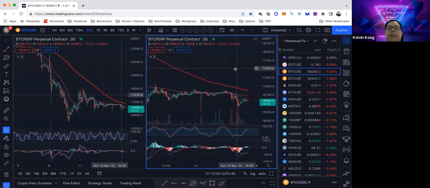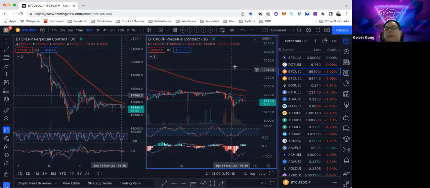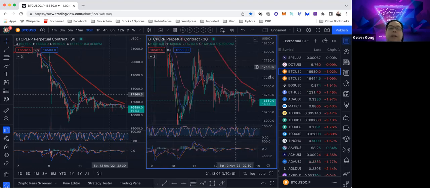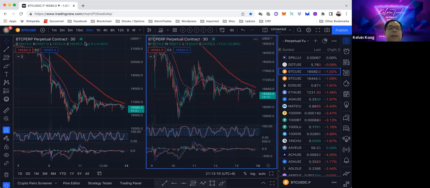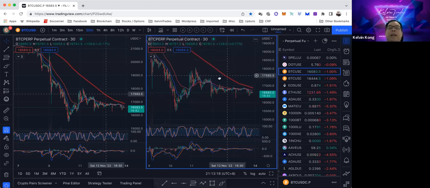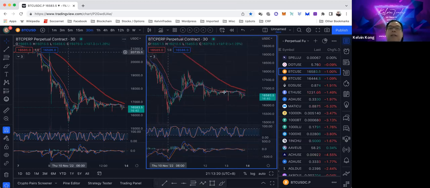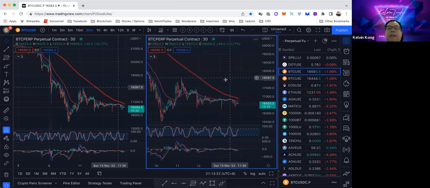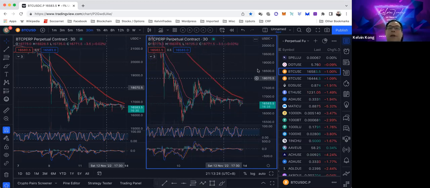Not much, just slight only. So it's better to go to the exchange that you are trading on when you look at the charts. If let's say you're trading on Coolcoin, go and look at the Coolcoin chart. If you're trading on Binance, go and look at the Binance chart. Okay, so I use the Binance chart, right?